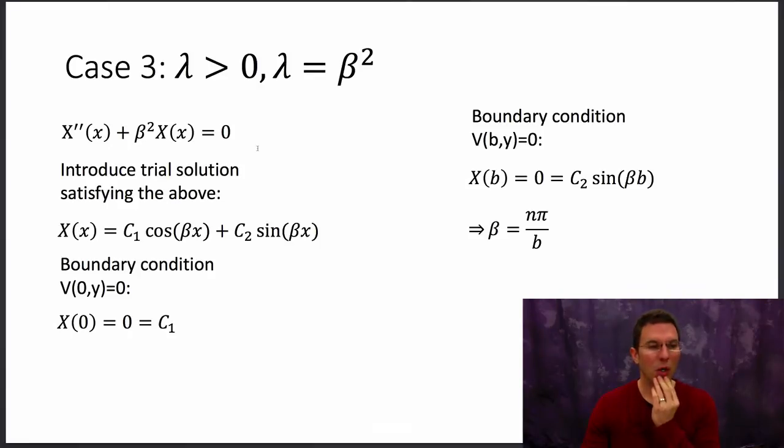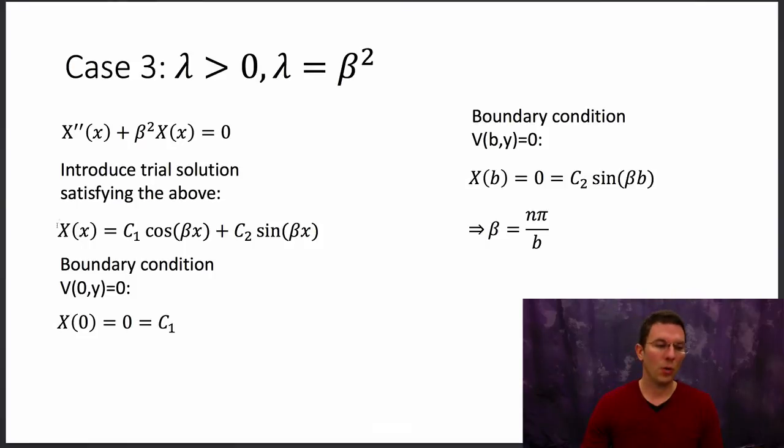Well, if you look at this, a second derivative with respect to x of this function plus some constant squared times that function itself is equal to 0. That's simply a harmonic equation, and it has sinusoidal solutions.